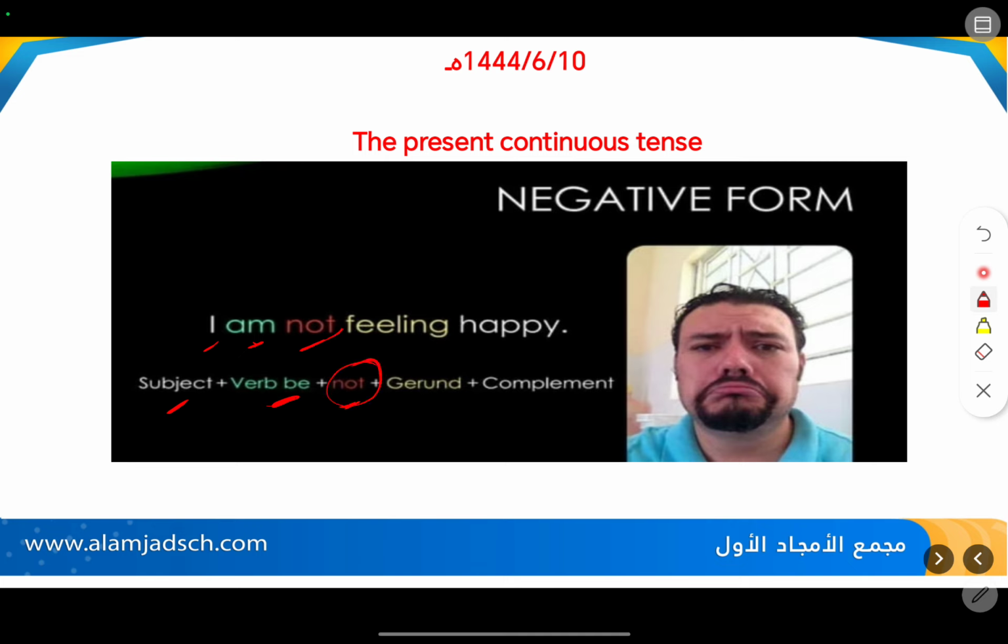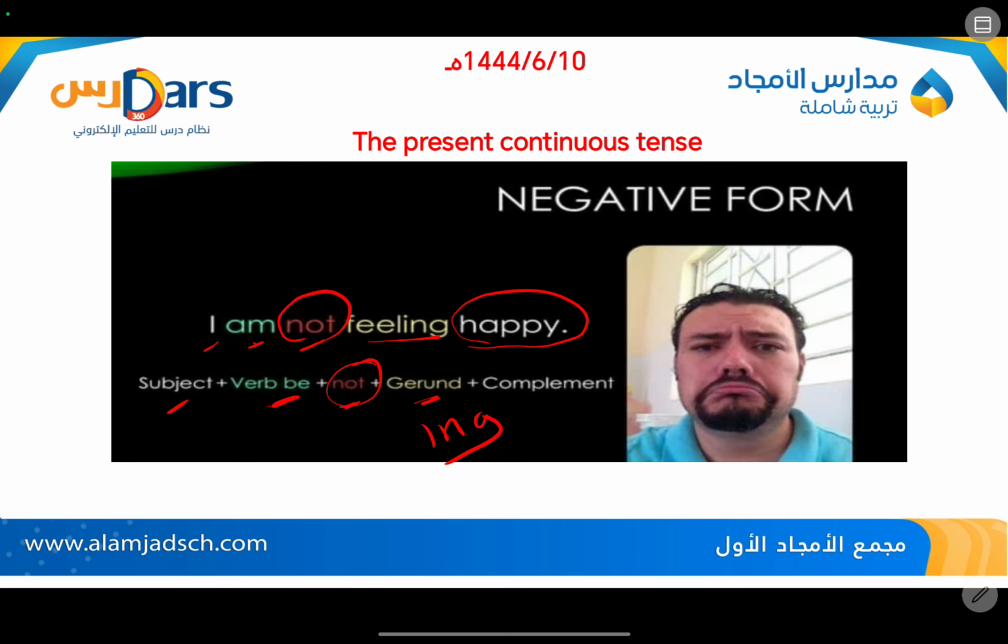So I am not, then gerund or verb plus ing, feeling happy, the completion of the sentence. So here we added ing after not, after verb to be, and we started the sentence with the subject or subject pronoun. Okay, let's move to the next page.